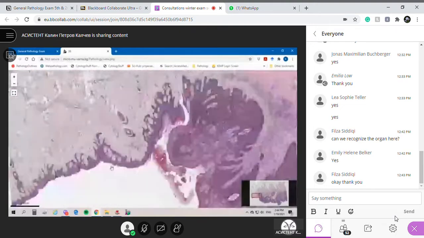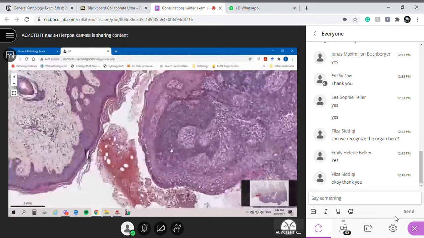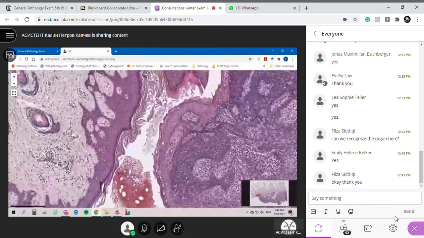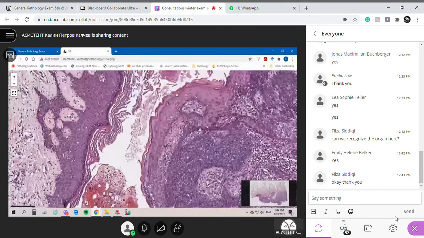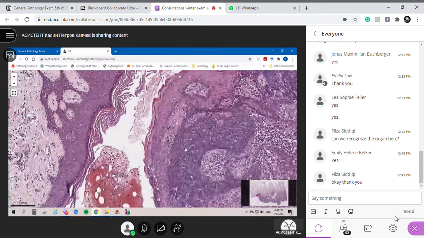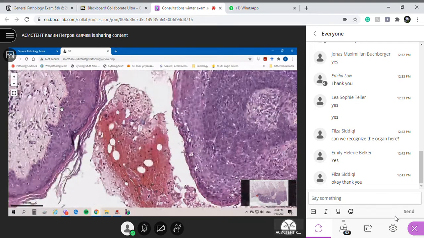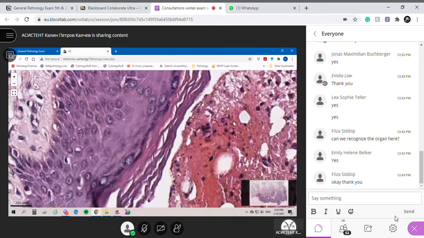But next to this skin, actually, you can see here in this area, we have epidermis on the top, and from the basal cell layer starts a tumor growth of cells which resemble very much the basal cells of the basal cell layer of the epidermis. The basal cells, these are the reserve cells of the epidermis.